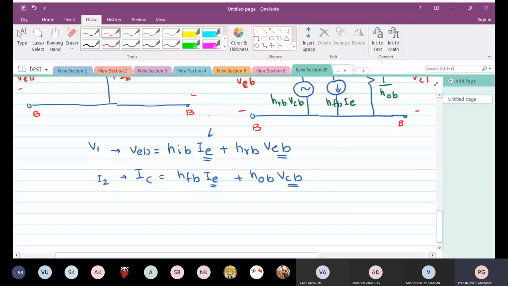VCB is V2. So we had said earlier that V1 is a function of I1 and V2. Similarly, I2 is a function of the same quantities. Remember this? That is what we have established here.